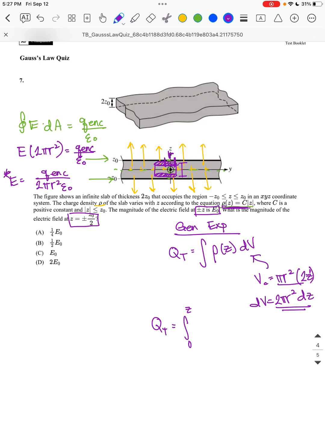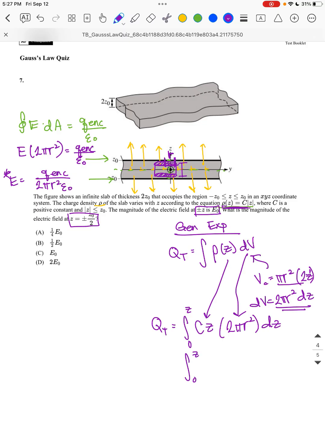Actually, we'll use z naught for the actual distance. And then I'm going to plug in my rho expression, which is c absolute value of z, but we're just going to keep it cz. And then plug in the 2 pi r squared dz for the piece of volume. And you can see that all of the variables are constant except for the z and the dz, so that'll make it an easy expression to integrate.